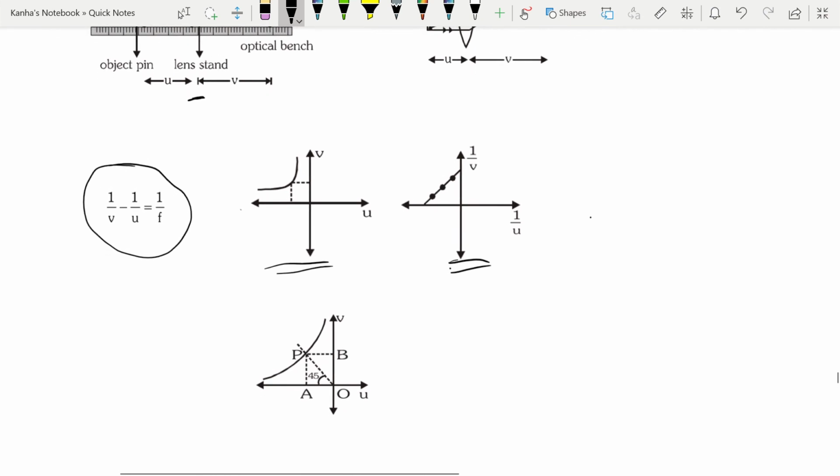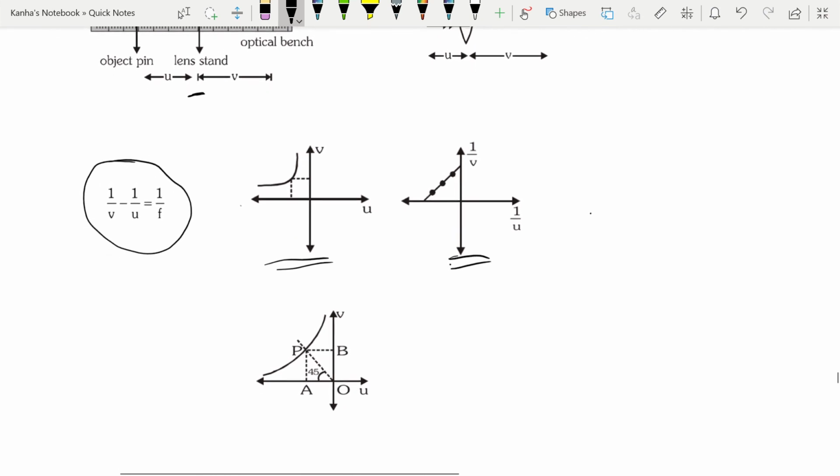One more thing that you should note for the case here is that for a given VU diagram, you can find the focal length from it by making a 45-degree angle to the curve. That is what the focal length will be.